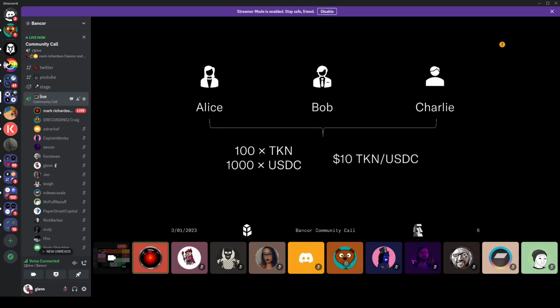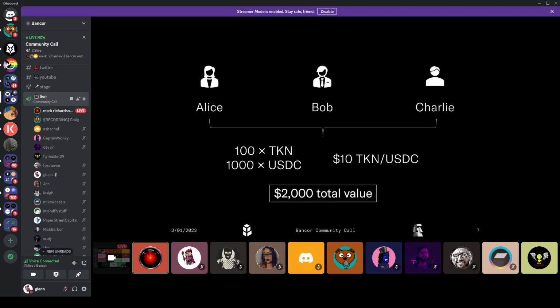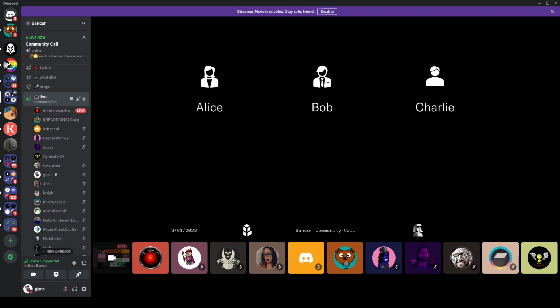For the sake of this demonstration, especially because one of them is going to be using a constant product approach, it's important that the TKN and USDC values in total are the same. So if we assume that TKN is worth $10, then each one of these characters has a total of $2,000 in value, exactly split down the middle: 50% into USD and 50% into their preferred risk asset.